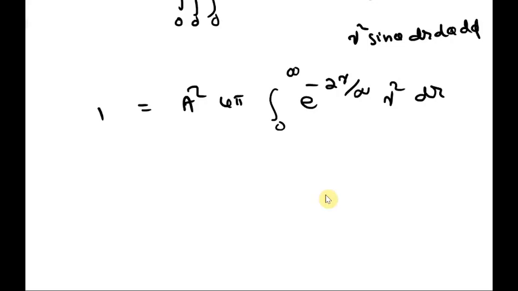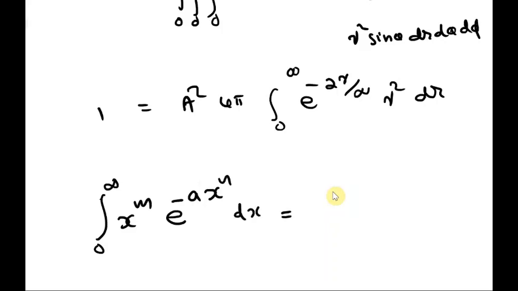So this is actually a standard integral. The integral from 0 to infinity of x raised to m, e raised to minus a x raised to n, dx, is going to be 1 by n, gamma of (m plus 1) by n, divided by a raised to (m plus 1) by n.